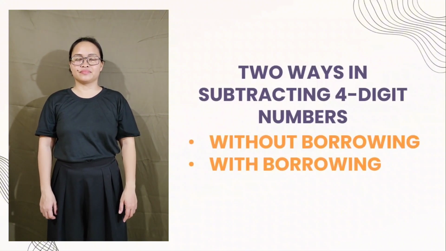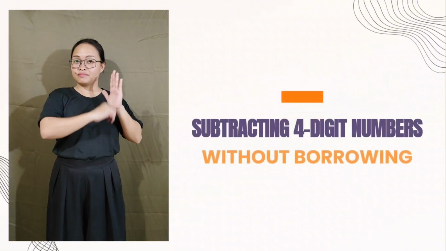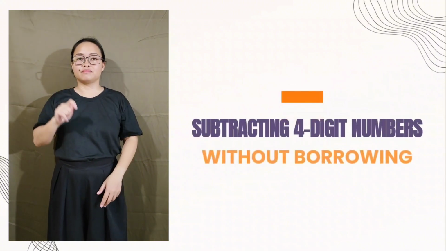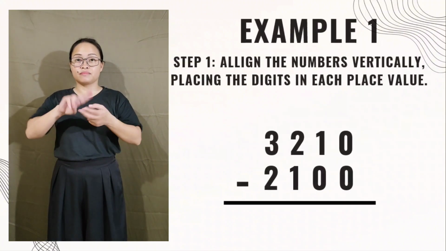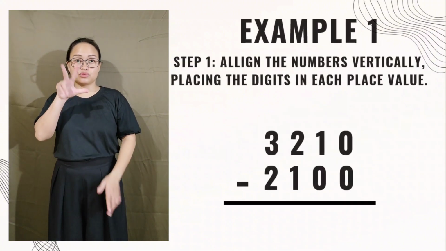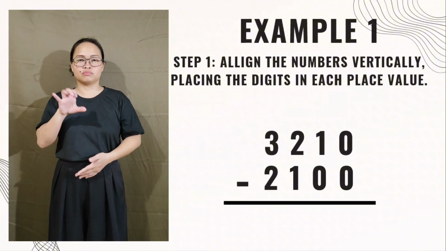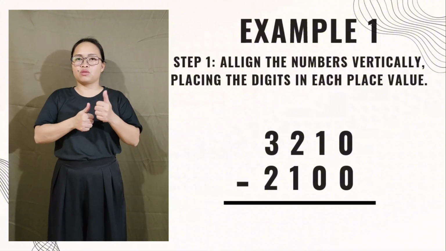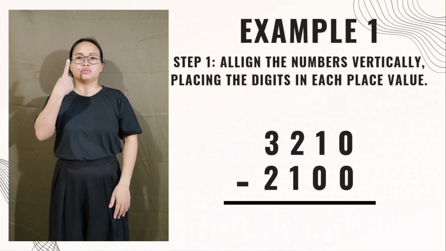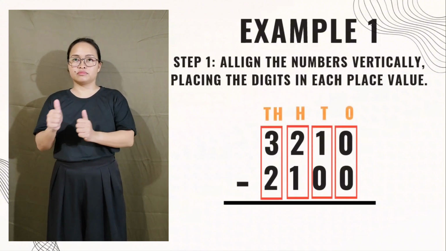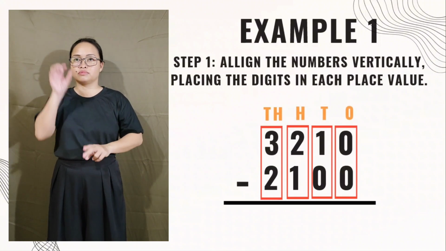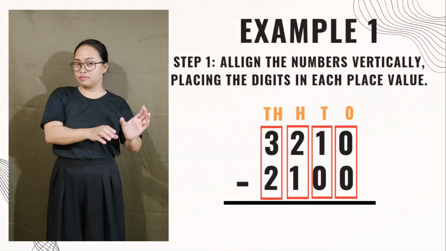Now, let's go through some examples on subtracting 4-digit numbers without borrowing. Example number 1. 3,210 minus 2,100. Following the steps, step 1: align the numbers vertically, placing the digits in each place value.